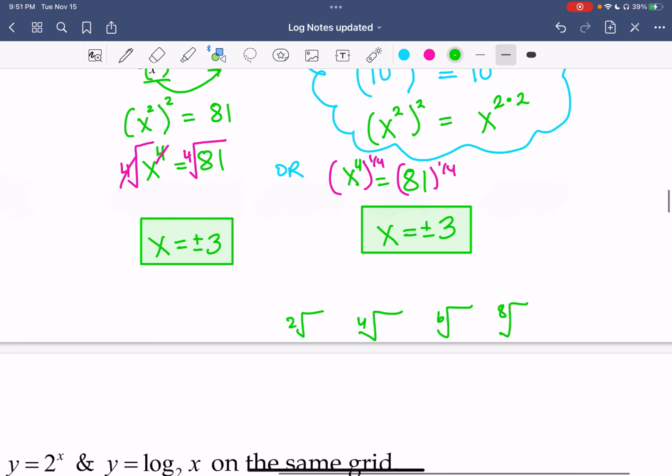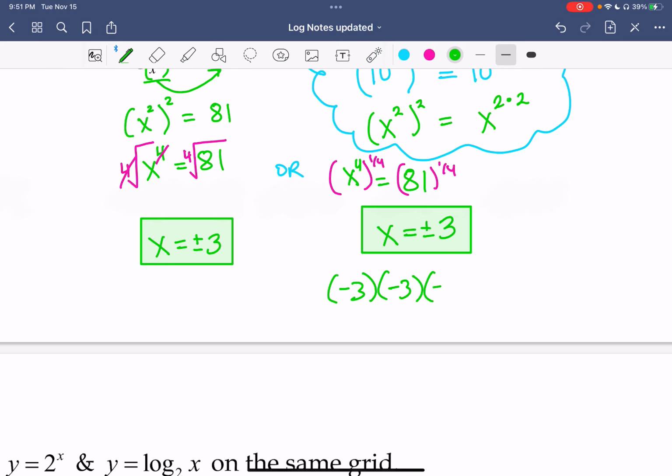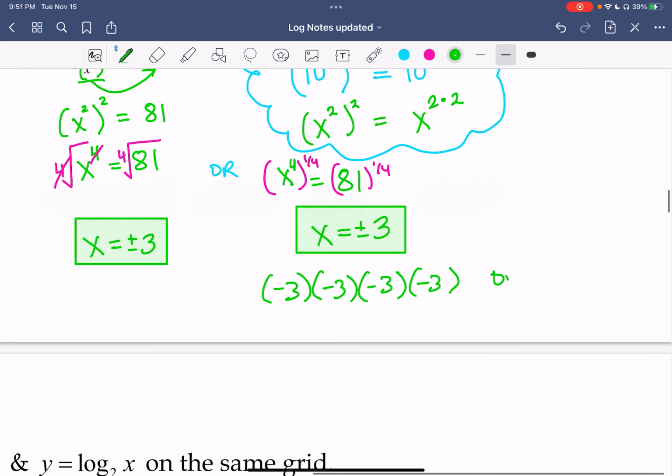if you recall, if it's an even number, you can have, let's say this one, for example, 4 negative 3's, or I can have 4 positive 3's, and either way you're going to get positive 81, because these two negatives make a positive, these two negatives make a positive, so the whole thing ends up being positive.